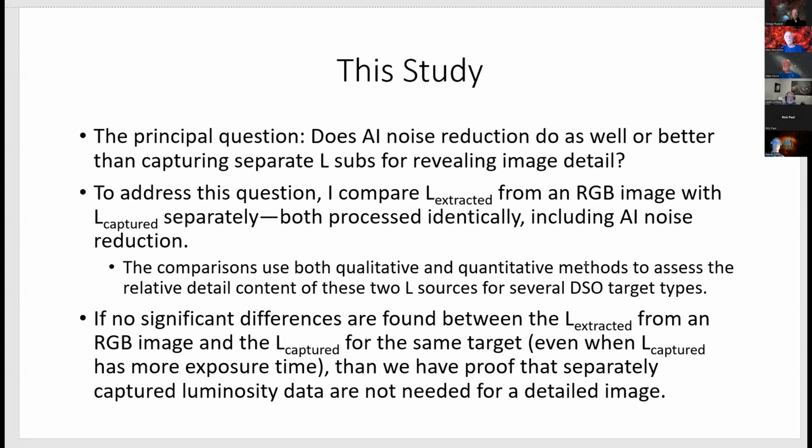I use quantitative and qualitative tools to do this. If no significant difference is found between the L extracted and the L captured images, then there's proof that the separately captured luminosity data is not providing any additional detail.